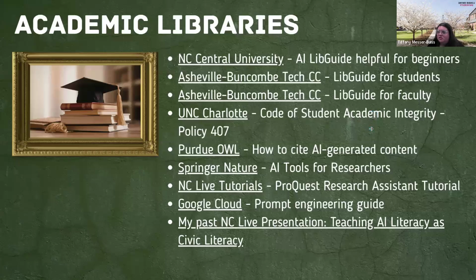Susan Toole gave me a wealth of information on AB Tech's approach to AI, especially AI in the library. So I've attached her LibGuide for students and faculty, and fantastic job. She's done some great work at AB Tech.